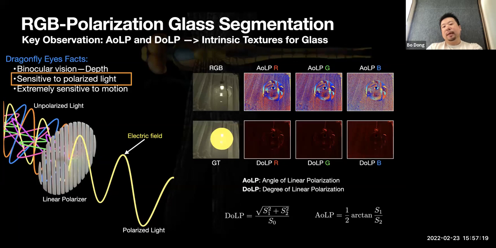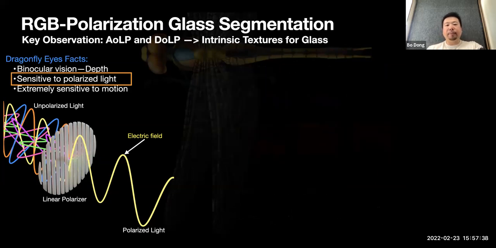Let's put it this way: polarization light has been heavily leveraged by the computer graphics community. They mainly leverage the circular polarization to reconstruct surface normals. But in our case, we just leverage it as the intrinsic texture of the glass to help us do the glass segmentation.